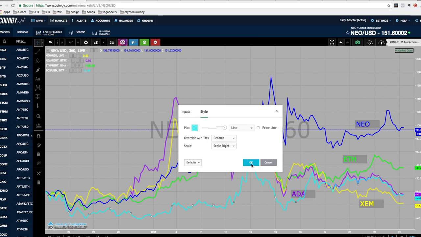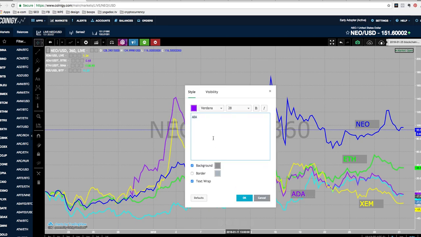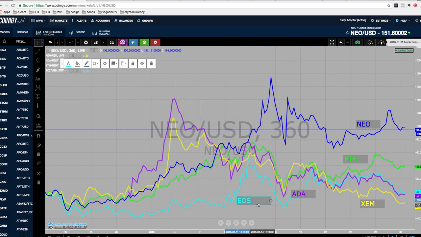There we go, now I've got EOS in turquoise. I'll label it as EOS, and kaboom, now we've got our new chart comparing Cardano, XEM, Ethereum, Neo, and EOS in performance.